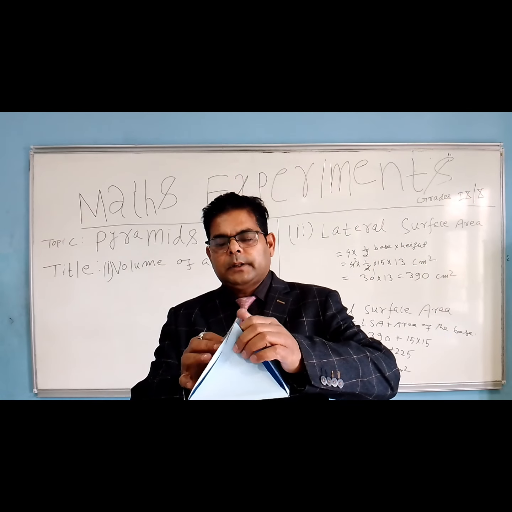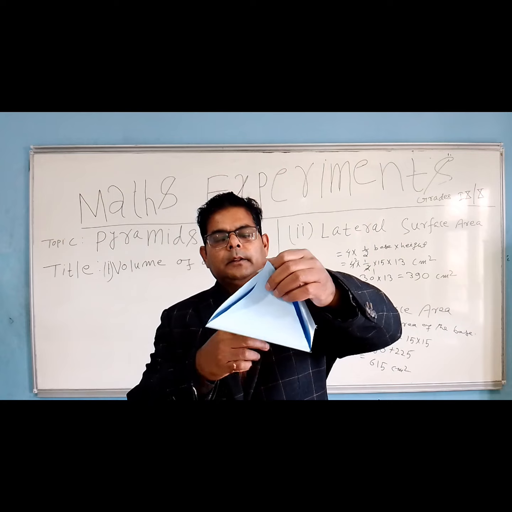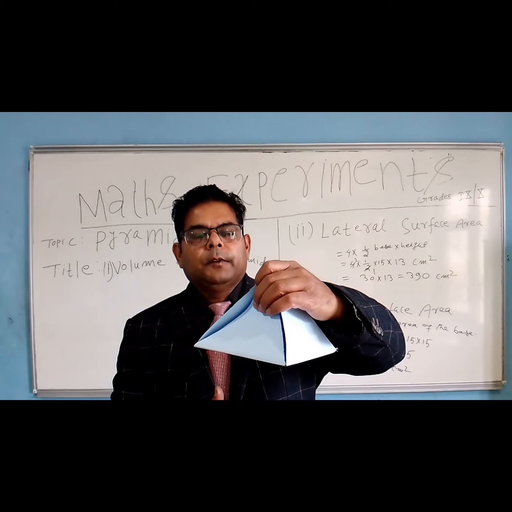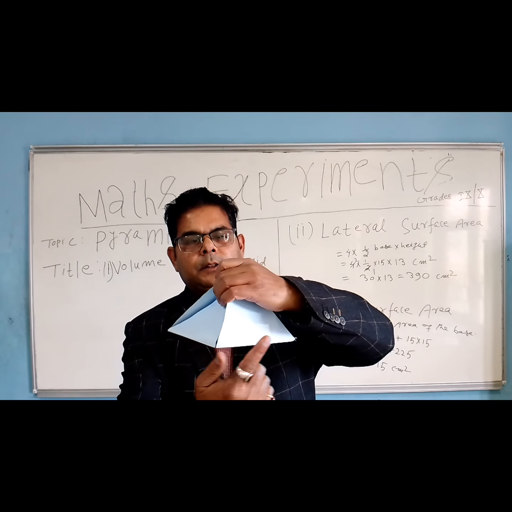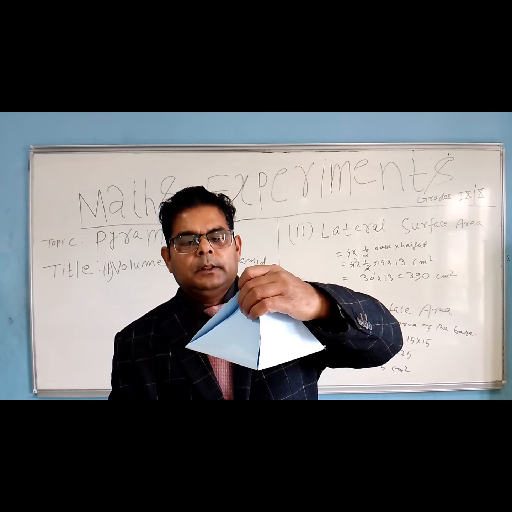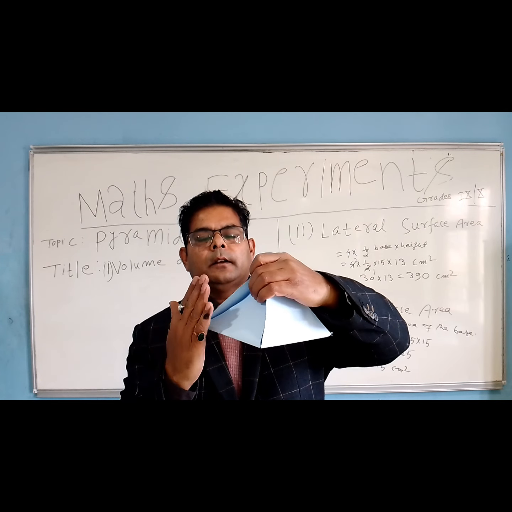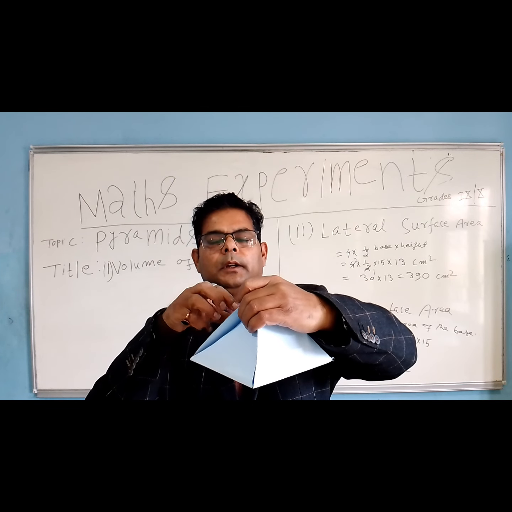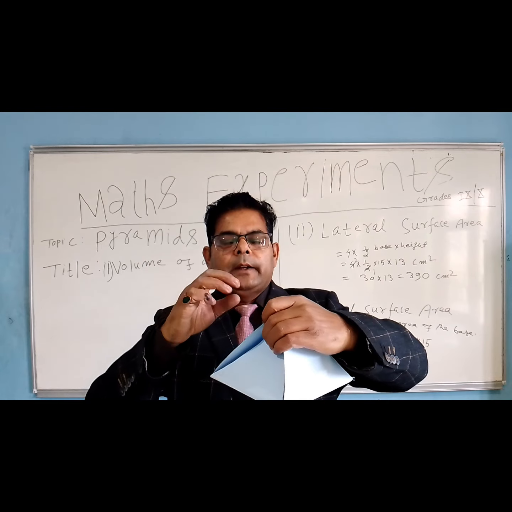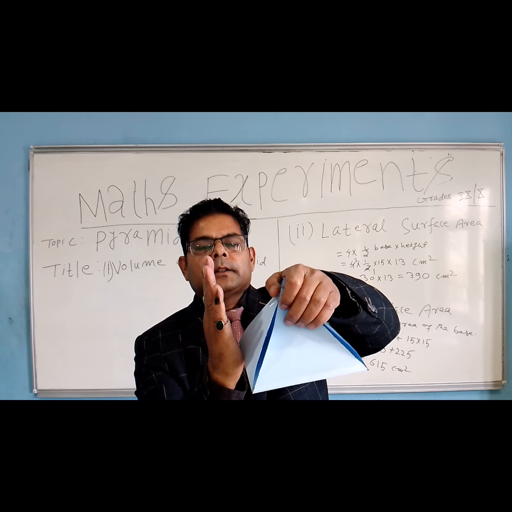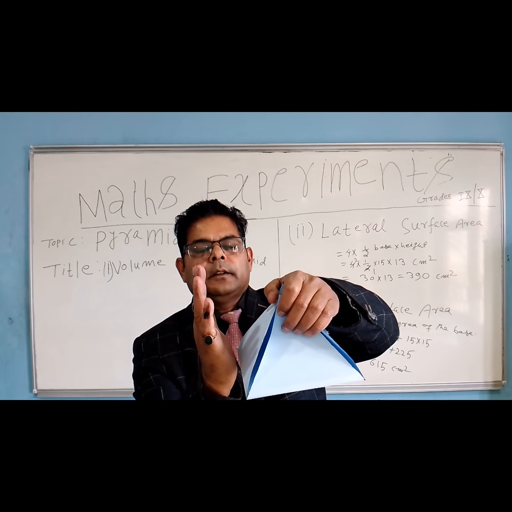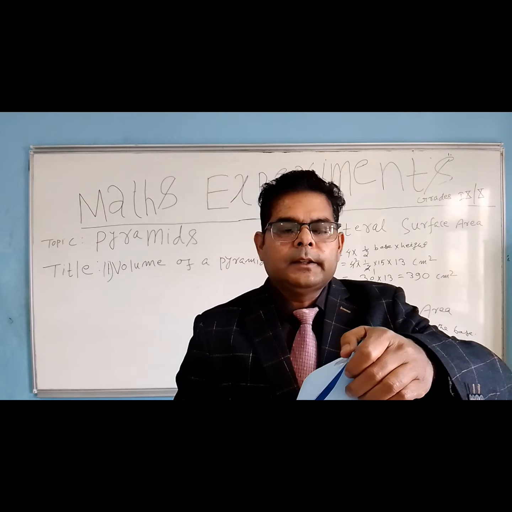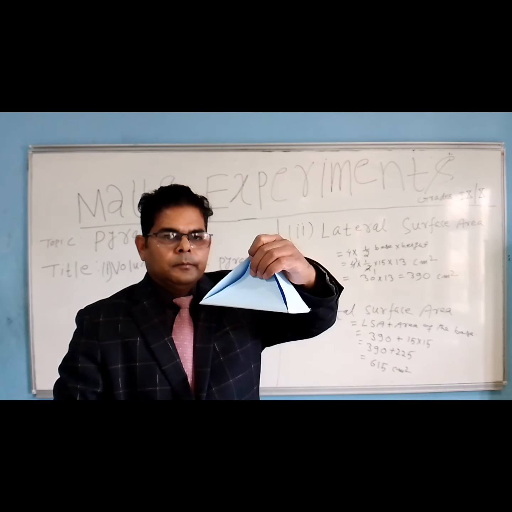Although we have taken symmetric figures for the triangle, and in the base I have taken a square base, in order to find the volume, taking length and breadth is okay for the area of the base, but the height is not perpendicular to the base here, it is slant to the base. That means it doesn't have some material outside in the gap between this base length and this triangle.